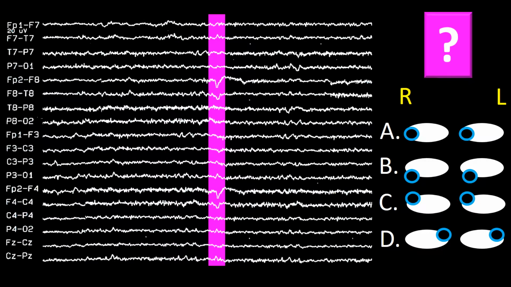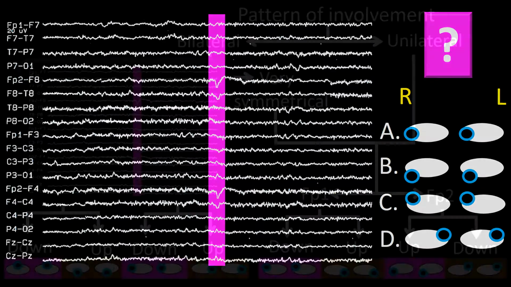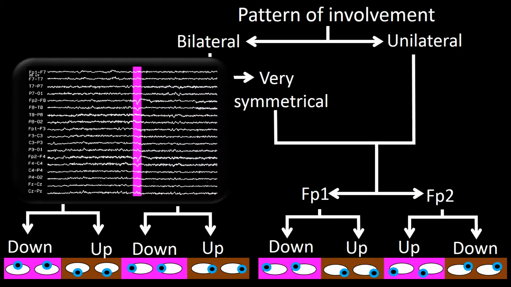Next question. Look at this epoch and try to determine which of the answers is the best from the four choices. Again, we go to the flowchart.